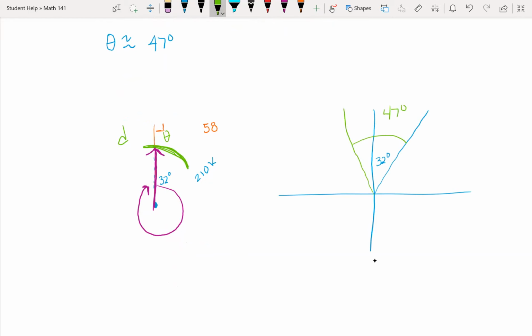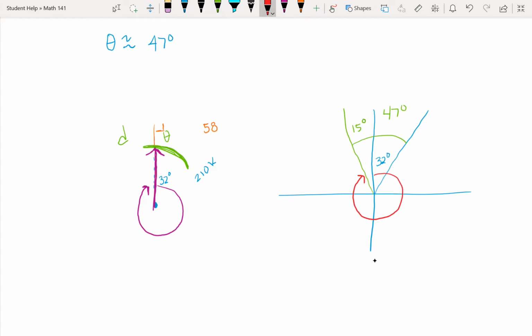So that means that this little sliver here is 15 degrees, right? Okay. So that helps us because when we talk about direction, we're actually going this way. We're going in a clockwise fashion.